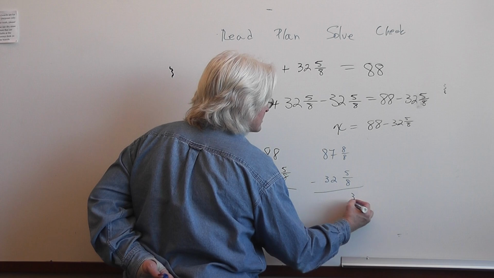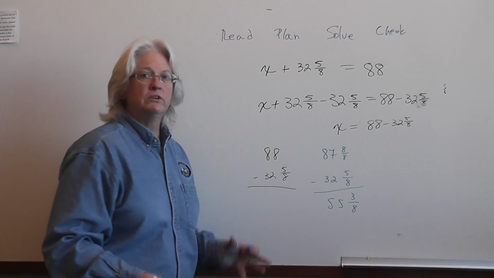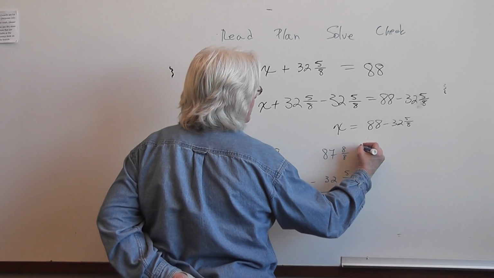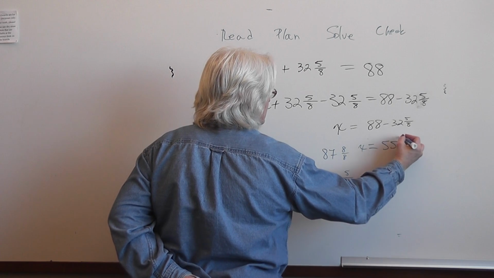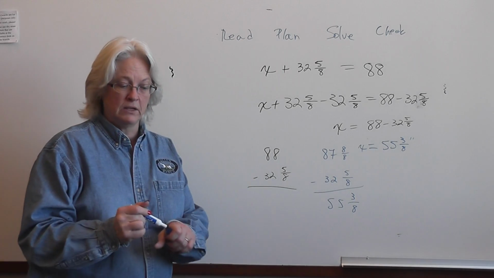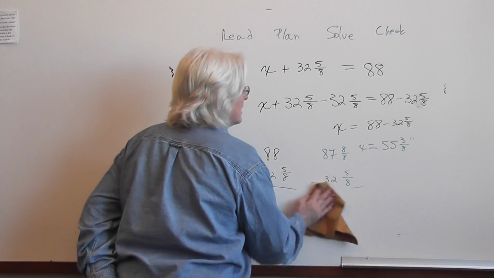Do your subtraction, and you would determine that the length of the piece of molding that the carpenter has to cut is 55 3/8 inches.